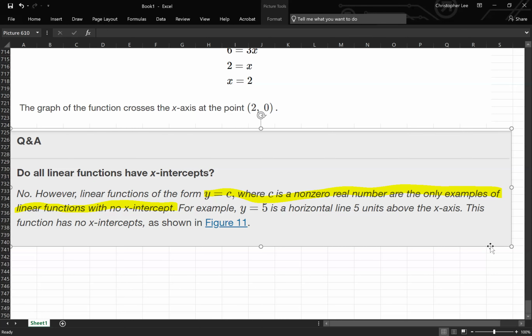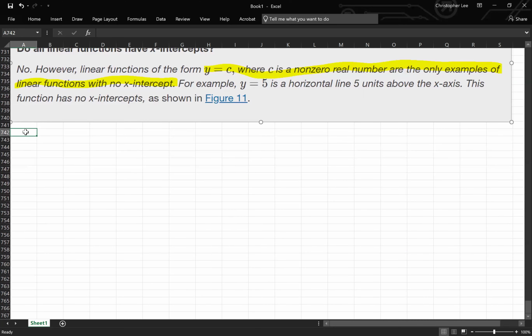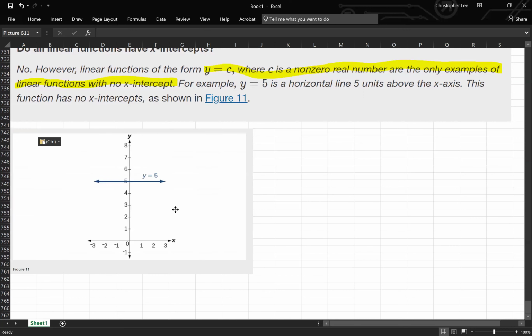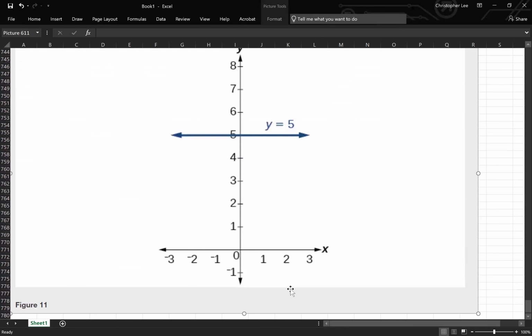The function has no x-intercept. So you can see y equals 5 is there, it doesn't touch the ground.